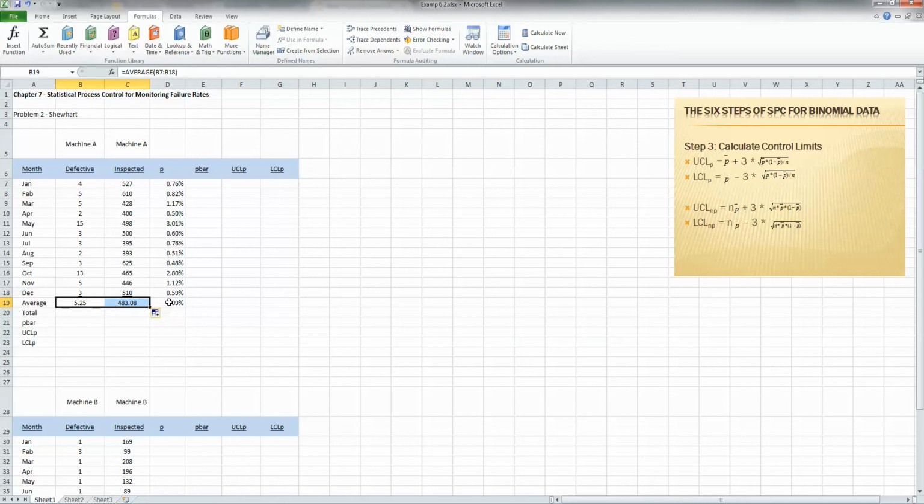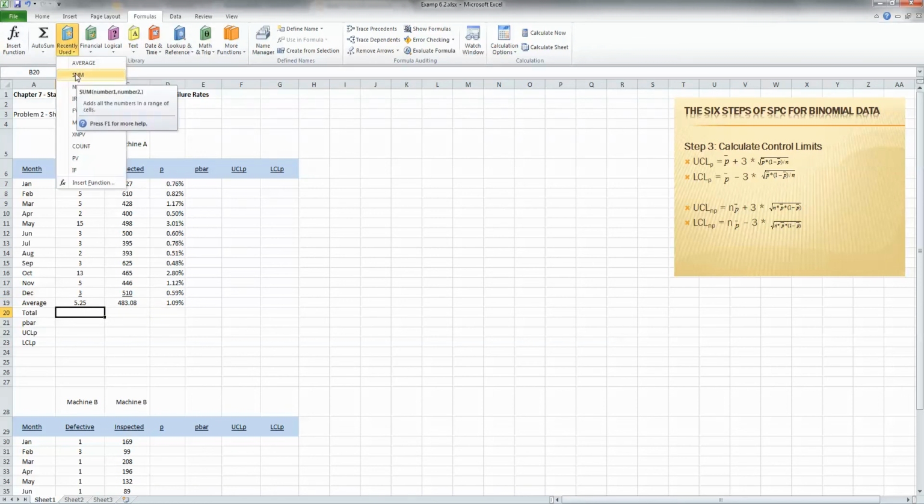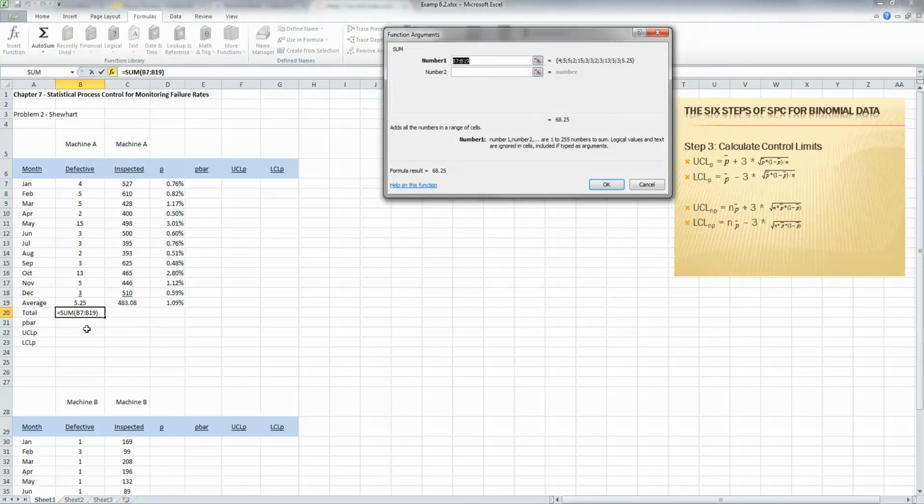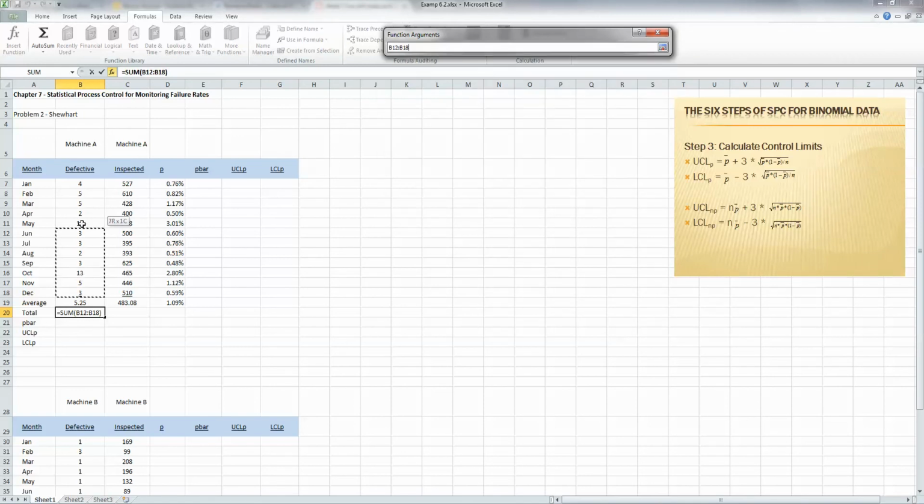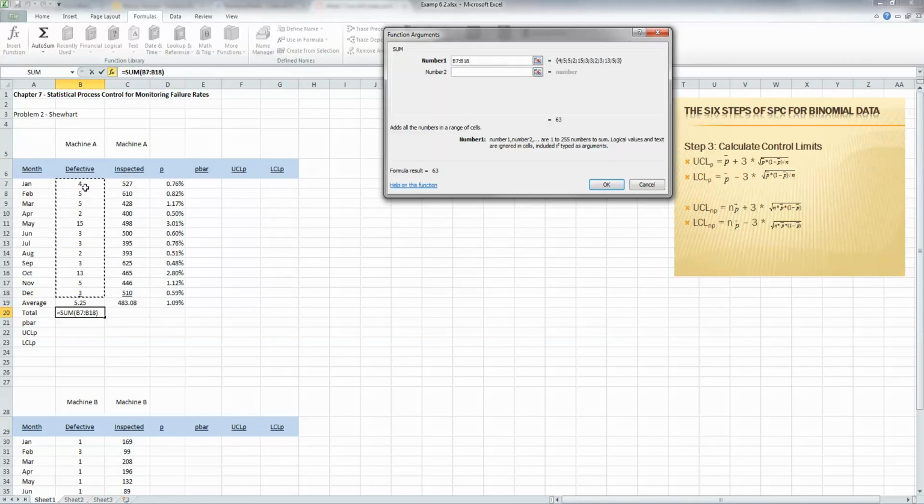So hold that thought. We also need the totals, and again we can look at recently used to get the sum. We also can do this auto sum, which is kind of fun, but the auto sum will do the whole column. We can do it either way. And then again we want these same numbers.